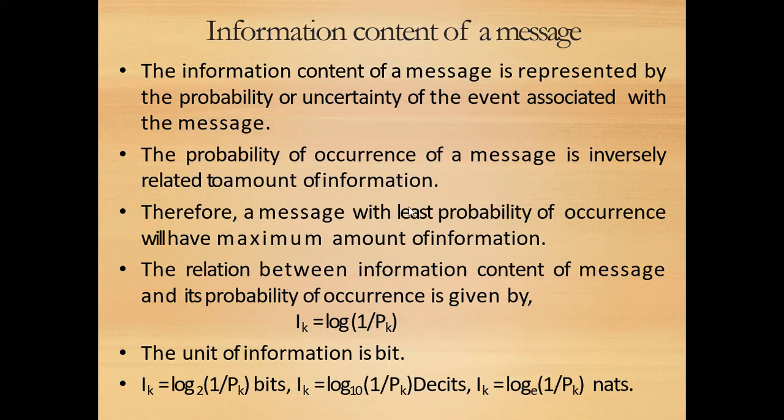So the relation for the information content of a message is Ik = log(1/pk), where pk is the probability of occurrence. The unit of information is bits. So this is the information content representation in equation form, Ik = log(1/pk).